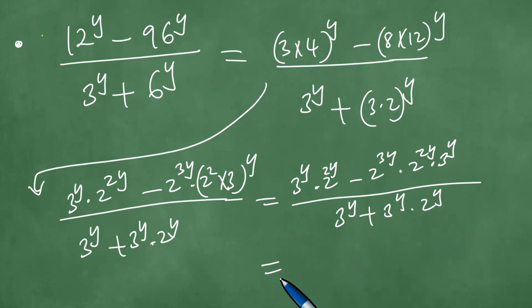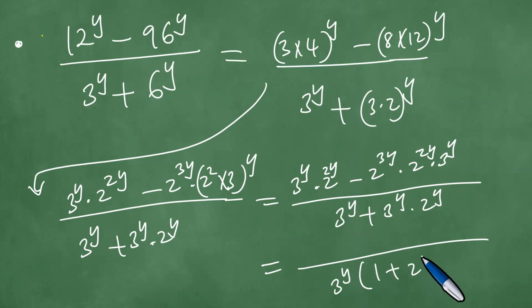Okay, what do we do next here? Obviously, ask yourself if there is any common factor. In the denominator, what is the common factor, Leander? There is 3 to the power y, and in its place you are left with 1 plus 2 to the power y.